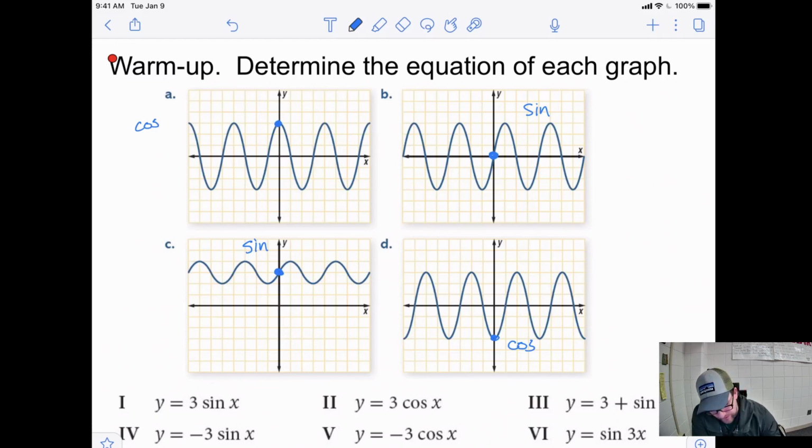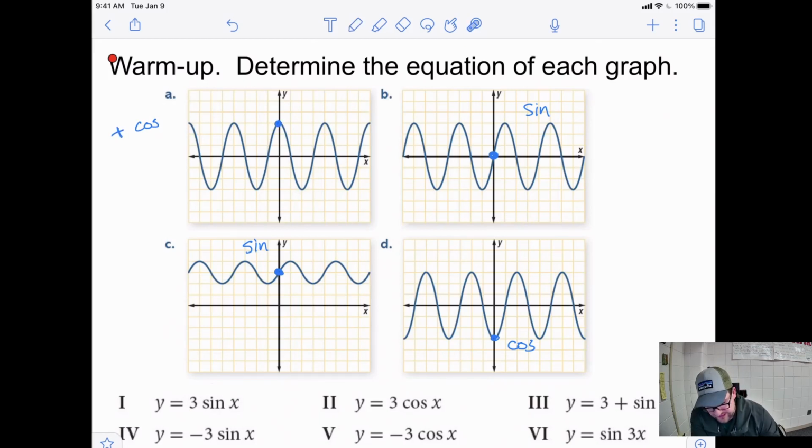Now, when we see a cosine graph that goes down, this is the normal behavior for a cosine graph, for it to start up in the air. If it's starting up in the air, that means your A value is positive. So this is a positive cosine graph.